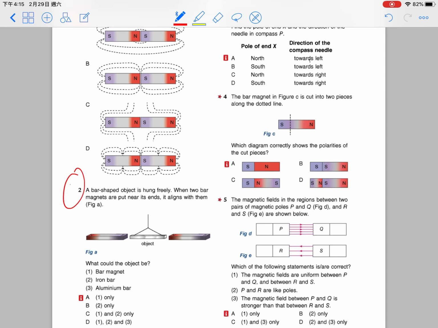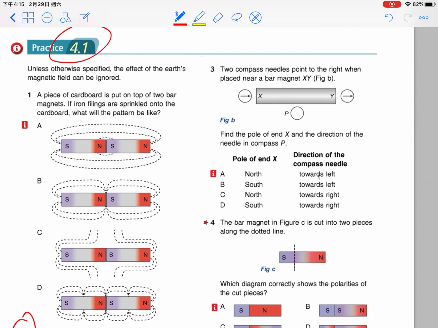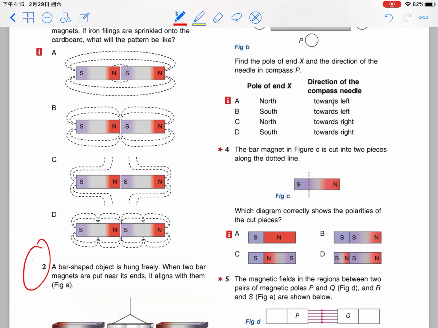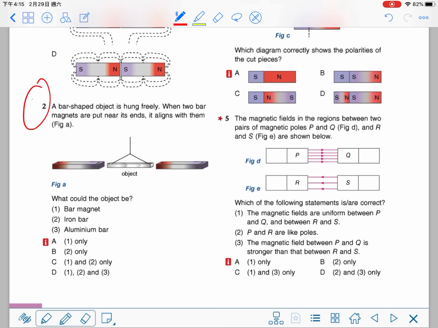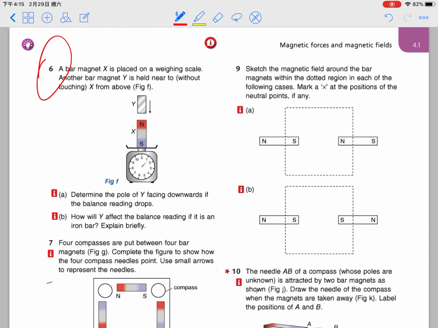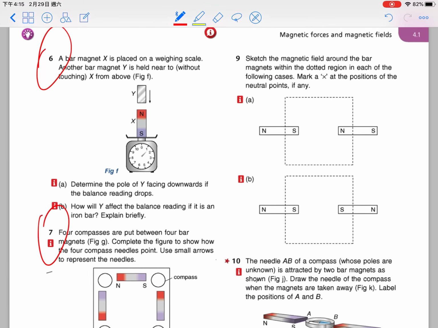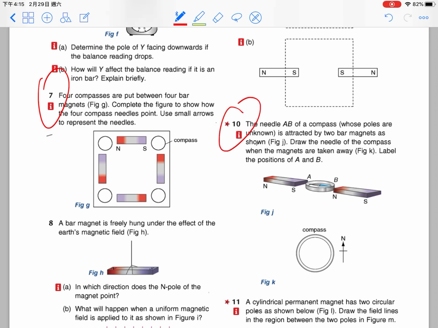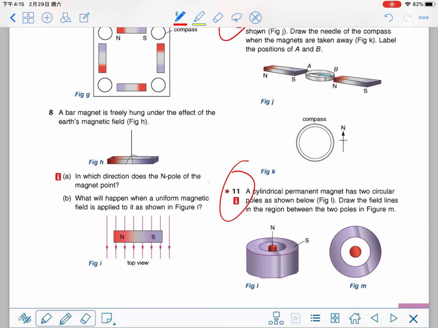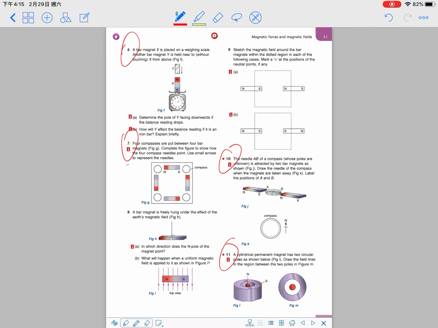I suggest you try questions 2, 3, 6, 7, 10, and 11. Maybe you try it now and don't look at the answer before you have done this. I will show you the answer very soon.